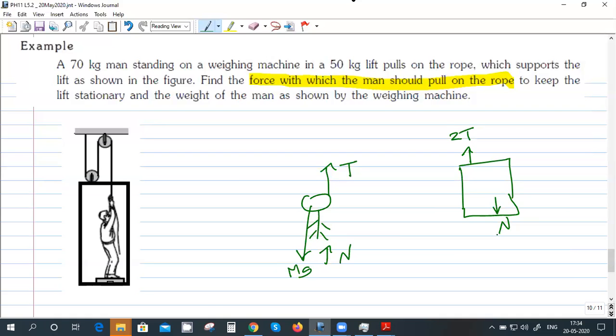And of the lift, it is two forces. Free body diagram of the lift is correct.